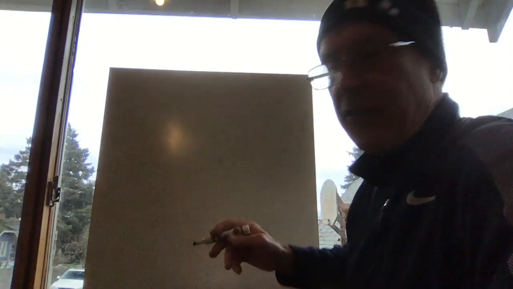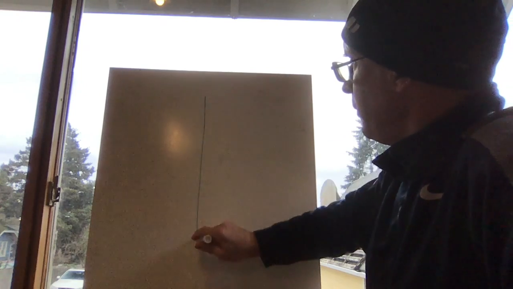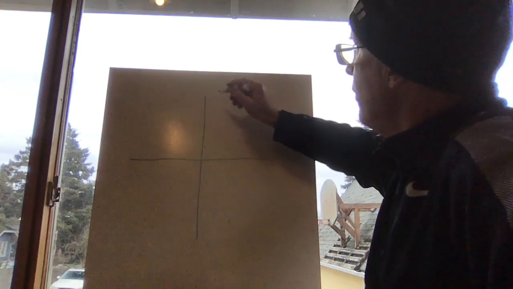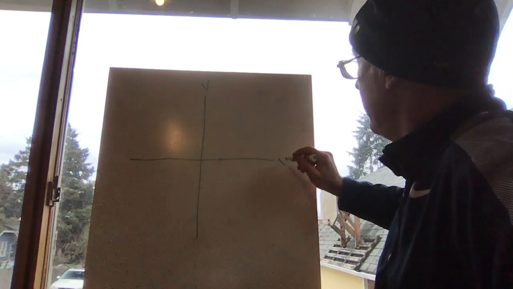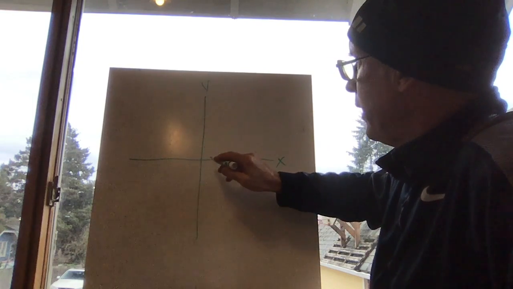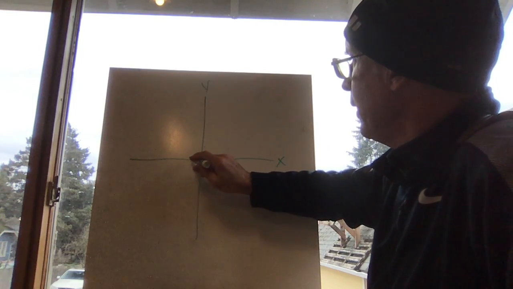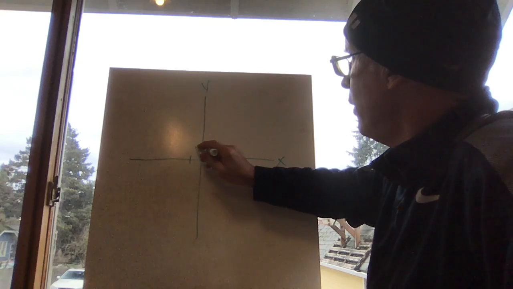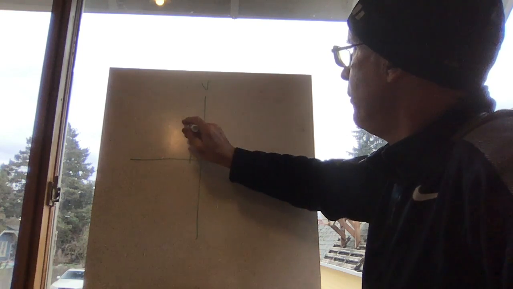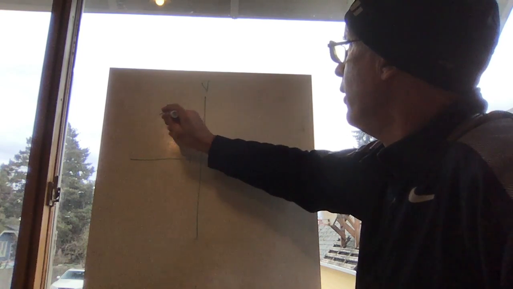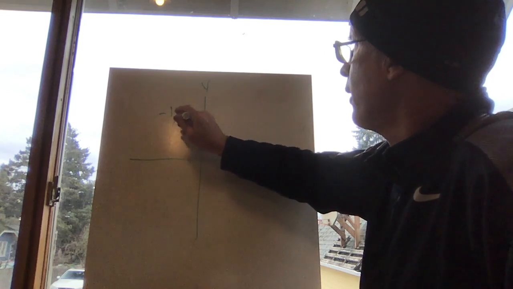Now, if you want to think about this in two dimensions, like on a coordinate plane, we got a y-axis, we got an x-axis. Let's pick a couple points. Let's say -1, up 3. So a point there, -1, 3.